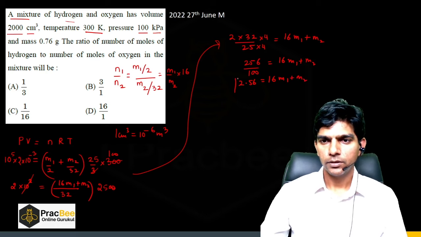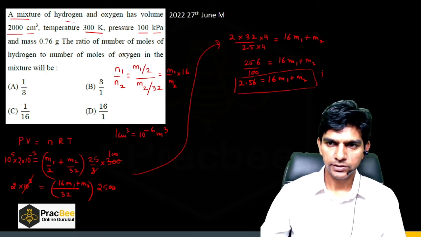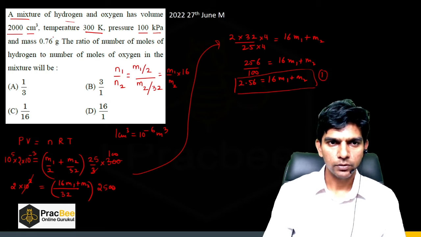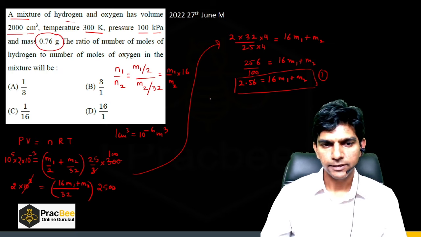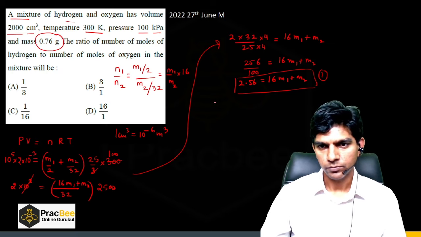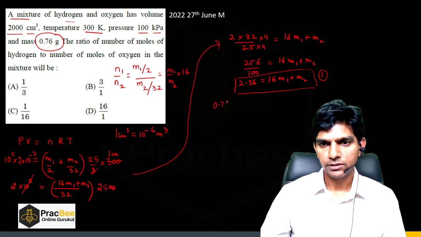Now we know a relation between M1 and M2. So this is the first equation. And we have been given one more thing in the question, that is 0.76. So we can write this as 0.76 is equal to M1 plus M2.